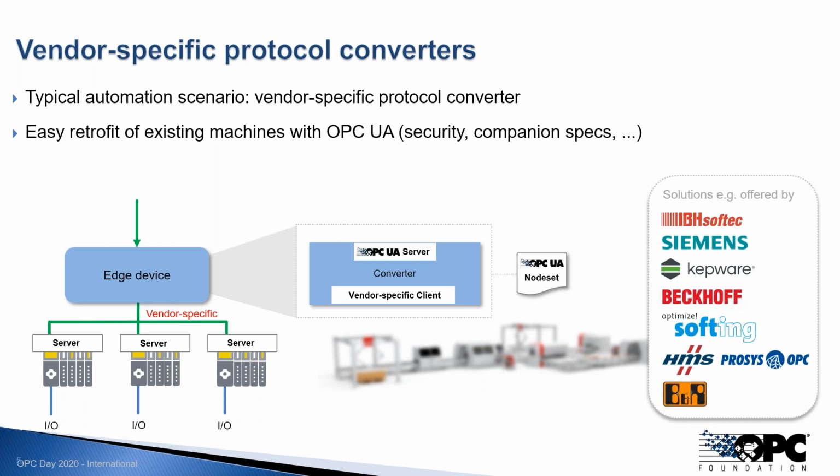So, for example, for Beckhoff, this is the ADS communication channel, which has nothing to do with OPC UA, but the edge device is capable of providing the UA server interface to the upper front, and maybe even with node set support. So, for example, to comply with the different VDMA companion specifications they are currently developing or have developed actually.